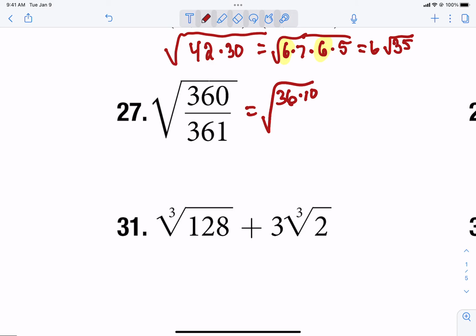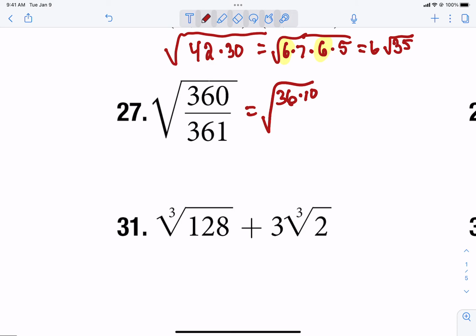Let's talk about the number 361. I'm just trying to see if it has anything good in it. I don't think it does.